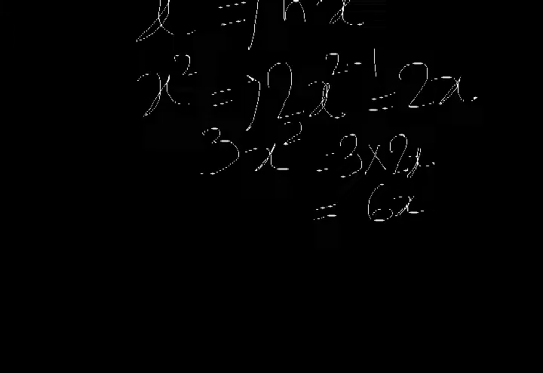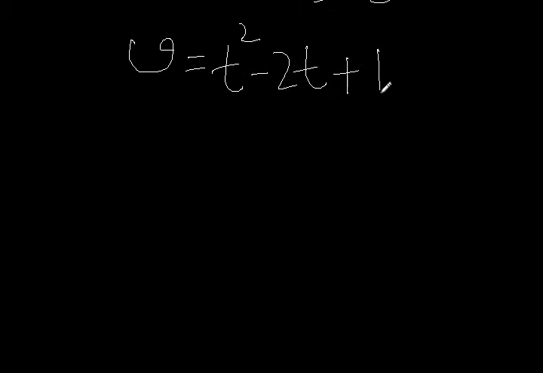Now let us see how I apply this in practice to physics. Say for example you have a velocity given as t square minus 2t plus 1.